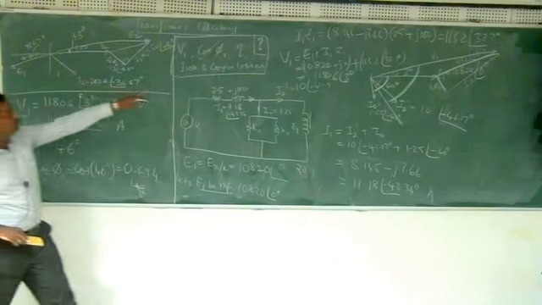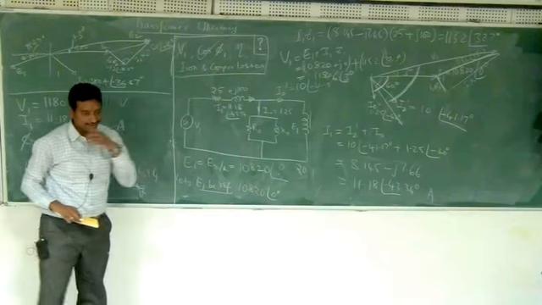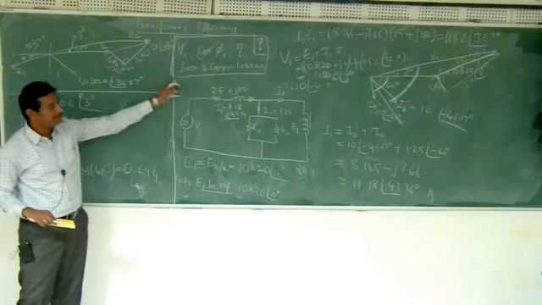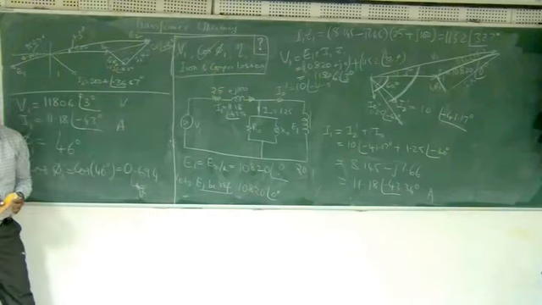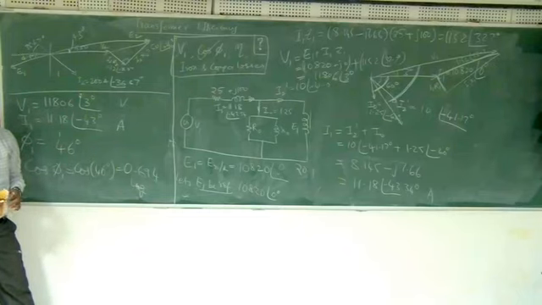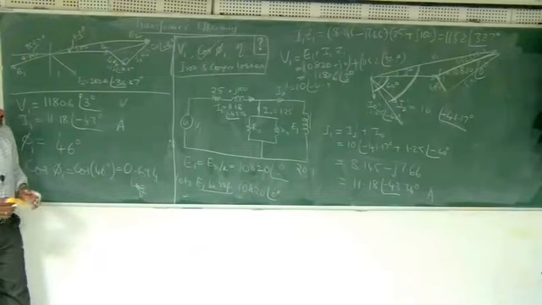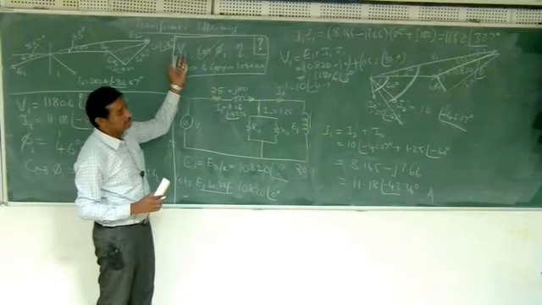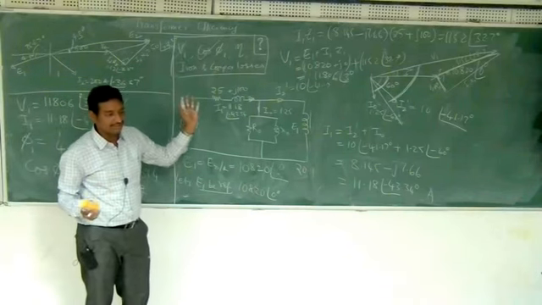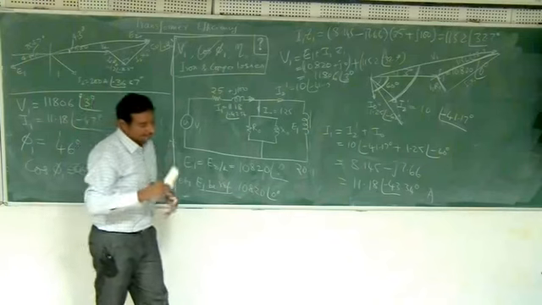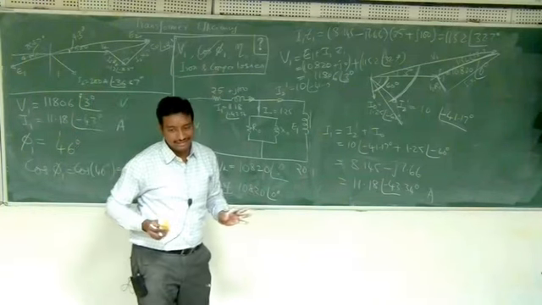Now before calculating efficiency, let's find out iron and copper losses. Okay. How do you find iron losses? See, the V1 magnitude, as long as I find the magnitude of V1, that is enough. Okay, so the angle part is actually for our internal calculation.